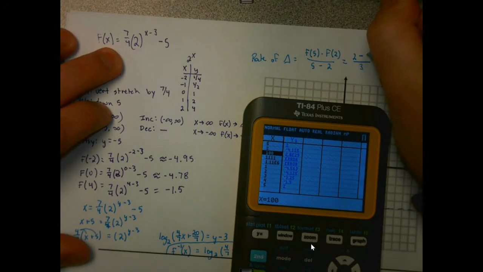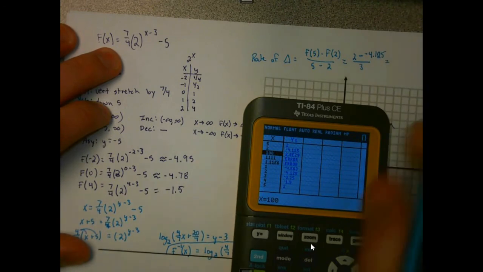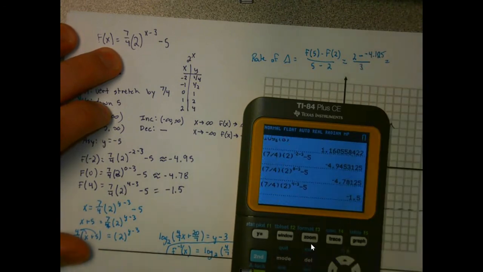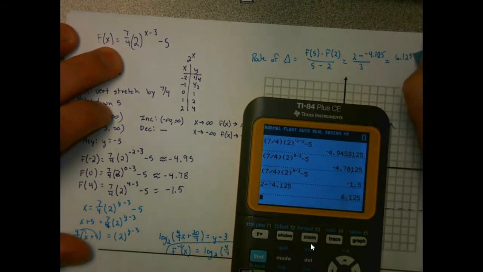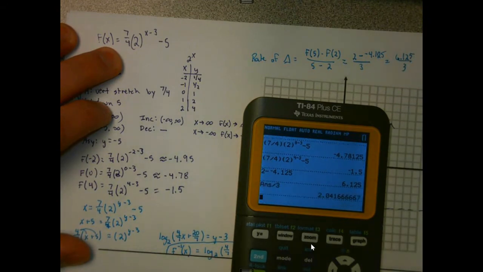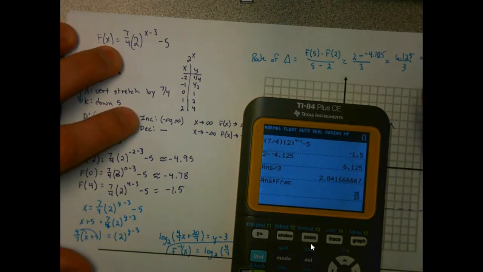You get negative 4.125. Okay, and then you need to calculate those. So 2 minus negative 4.125, 6.125 over 3, divided by 3, and change it to a fraction if you can. So math fraction, 49/24 is your rate of change.